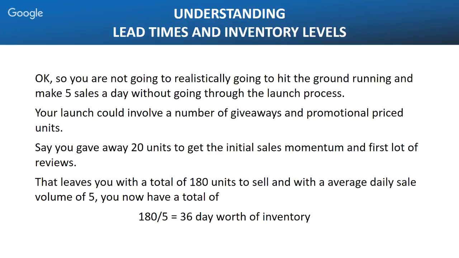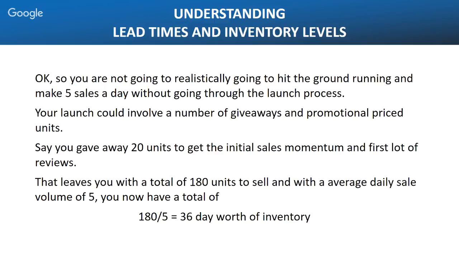So your launch process could involve a number of giveaways, promotional priced units, etc. Assuming that we're going to give away 20 units to get the initial sales momentum and first lot of reviews in, that leaves you with a total number of units of 180.